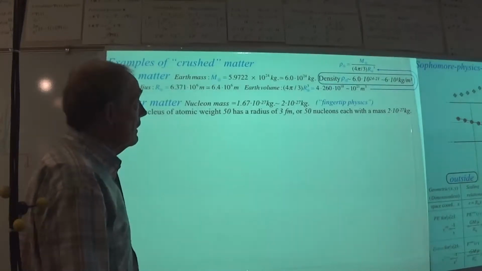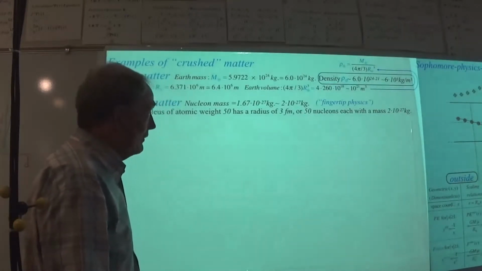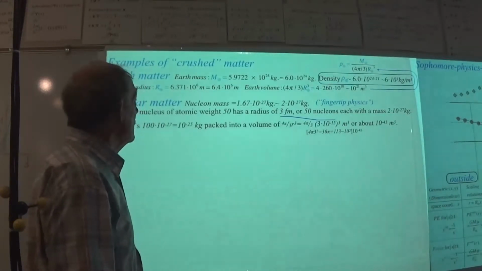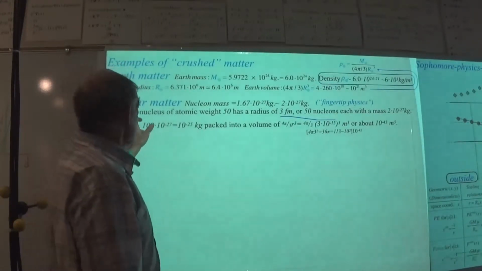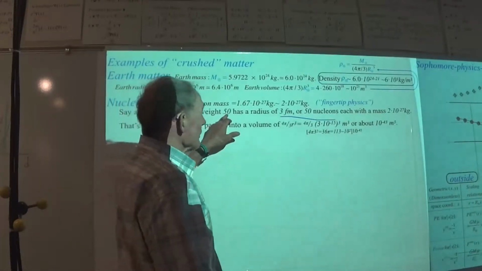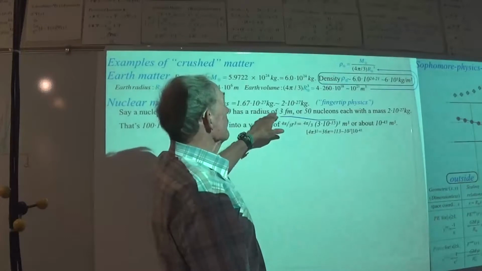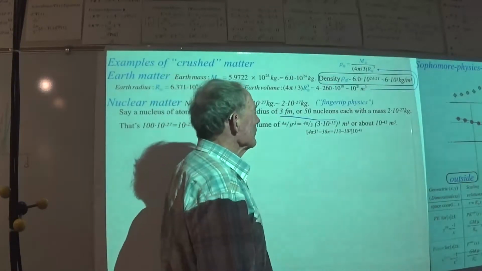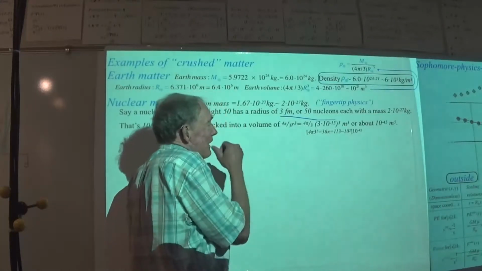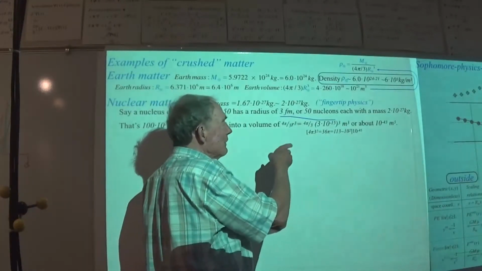Okay. Now, what I'll do is a little fingertip physics. This I will skim through fairly quickly here, but you say a nucleus of an atom, atomic weight 50, radius of 3 femtometers. I just picked that sort of out of the air to make a middle of the periodic chart example.